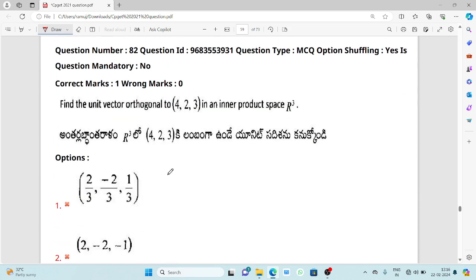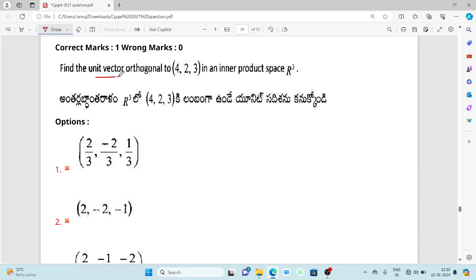For the 82nd question, find the unit vector orthogonal to 4, 2, 3 in an inner product space. Whenever orthogonal comes in examination, just remember that if you take one vector v1 and another vector v2 and do the dot product, and the dot product goes to 0, then we can say that it is orthogonal. He already provided the v1 value, 4 comma 2 comma 3.